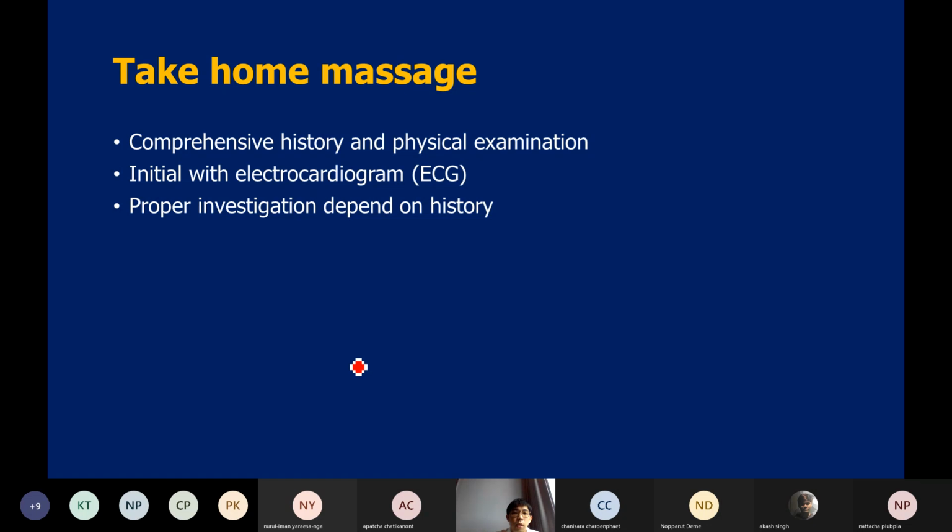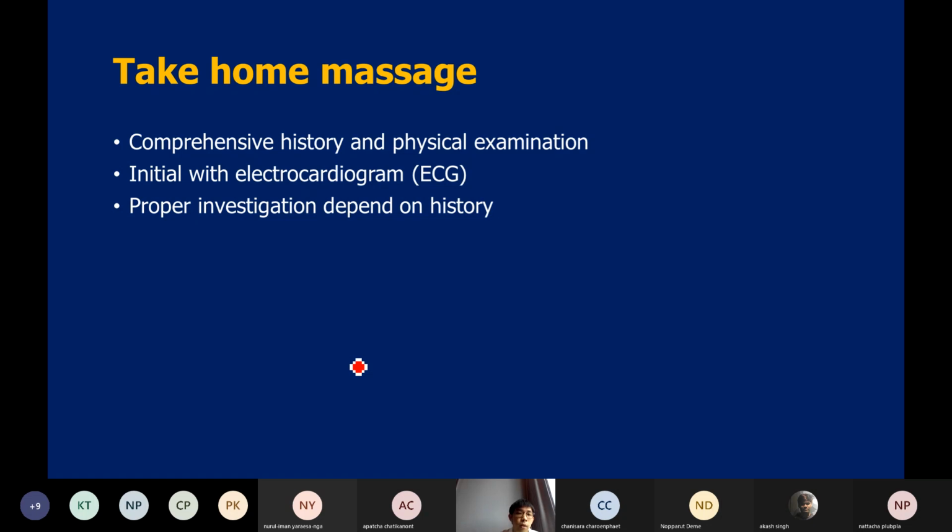And for the proper investigation that I have mentioned before, there are lots and lots of tools, non-invasive and invasive types of investigation. The proper one we pick depends on the history and on what we suspect in the patient.